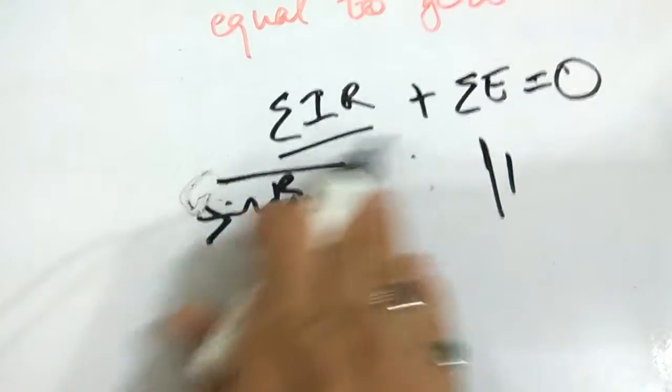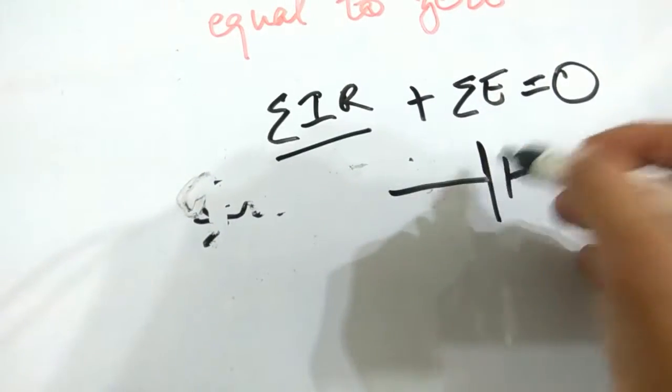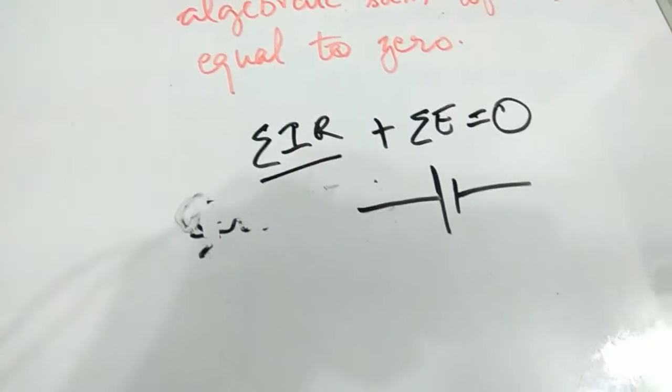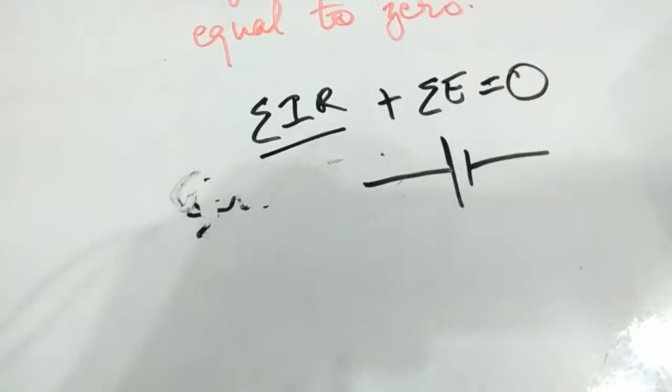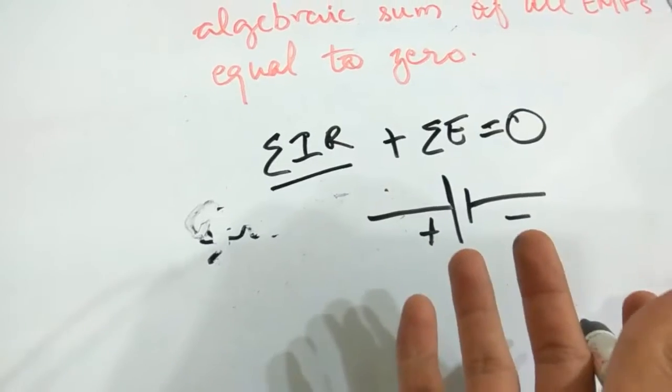For a battery, for a cell, electromotive force is the work of a cell. Not a work, but is in a cell. This is a positive side, this is a negative side, and this produces the current.